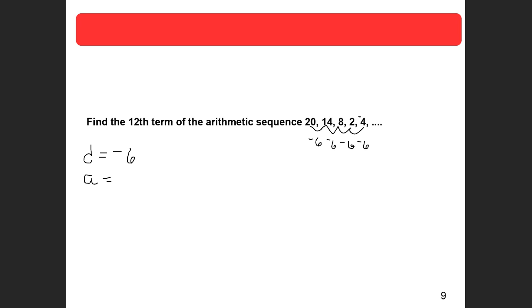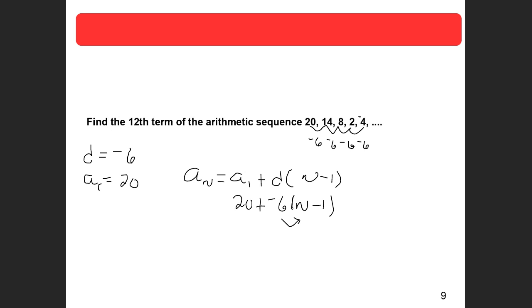My first term is 20. So if I'm going to write an equation, a sub n is equal to a sub 1 plus d times (n minus 1). So a sub 1 is 20 plus negative 6 times (n minus 1). I'm going to multiply through here. So that gives me negative 6n plus 6.